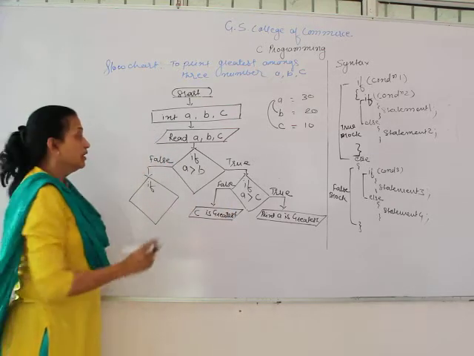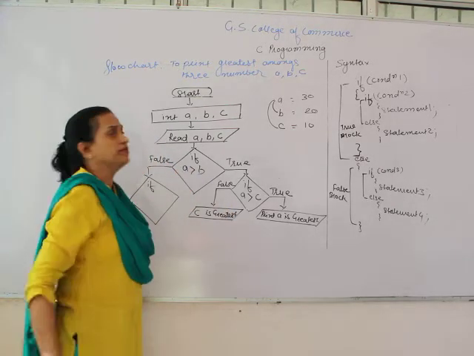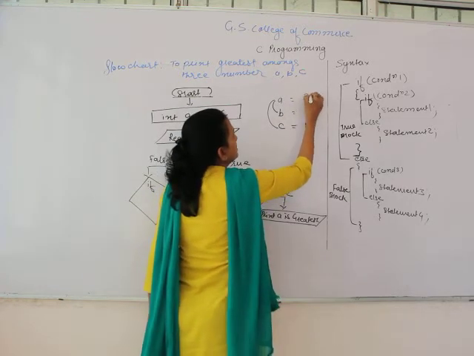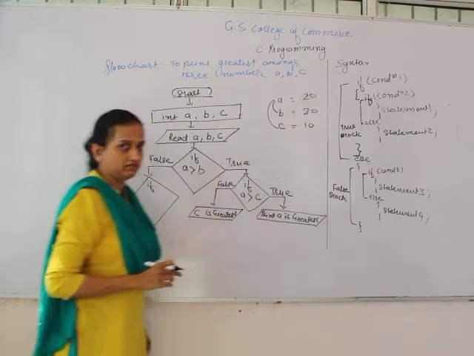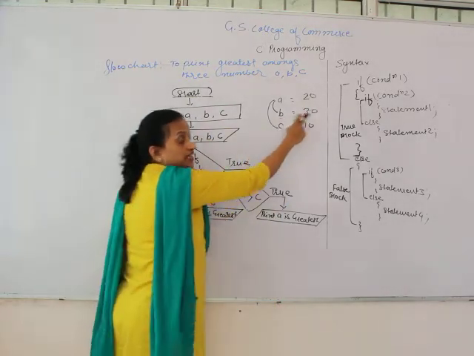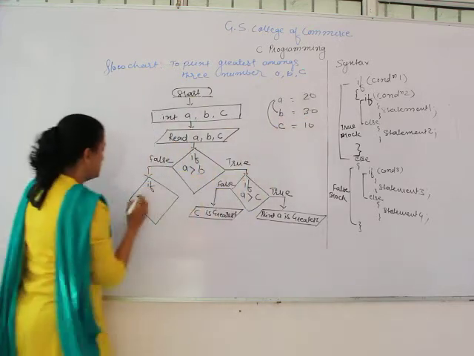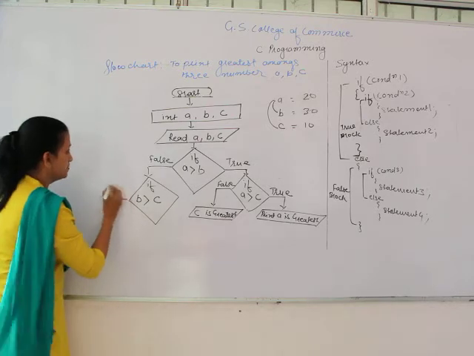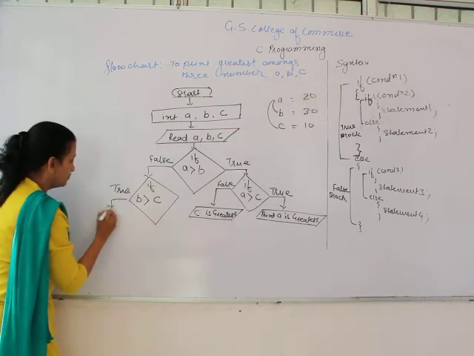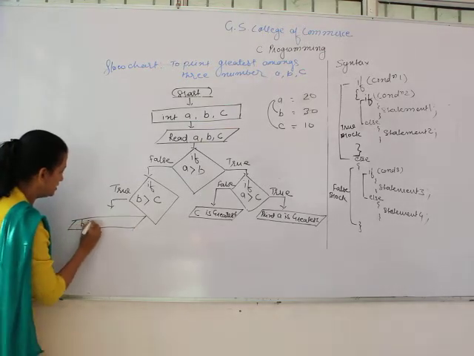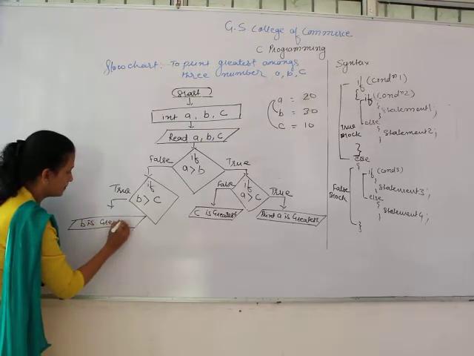Now, suppose A is not greater than B, meaning 20 and 30, I am taking like this. So obviously who is greater? B is greater. Now compare B with C. If B is greater than C, if true, then it will print B is greatest.